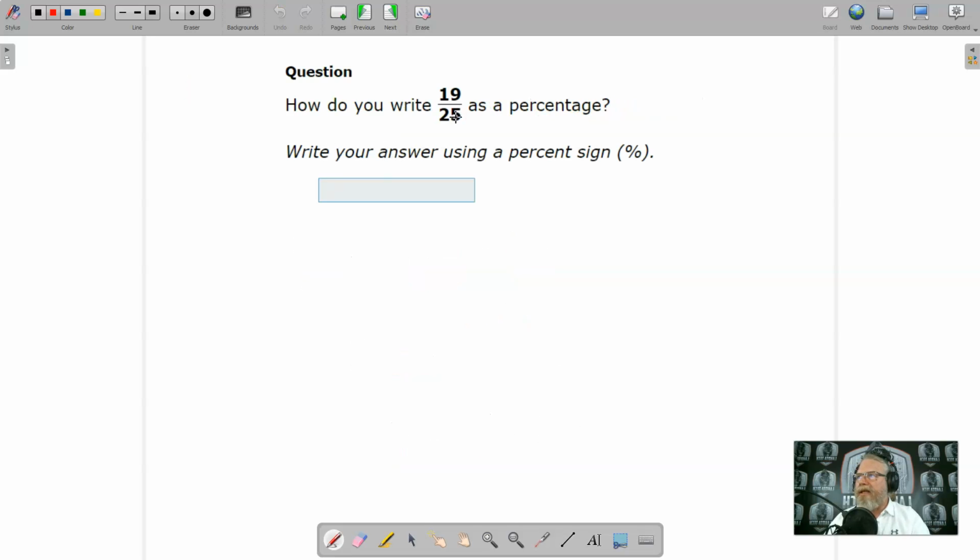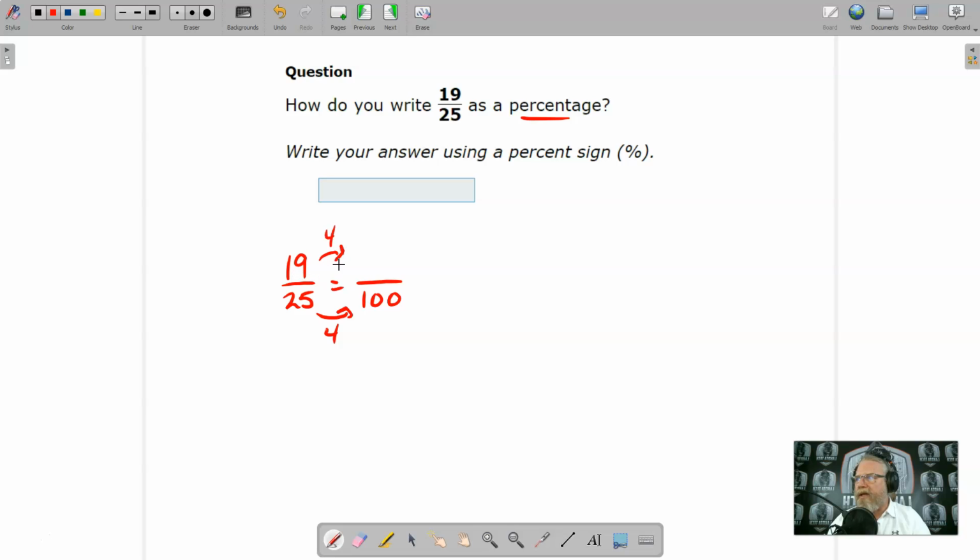How do you write 19/25 as a percentage? So let's go ahead and try the equivalent fraction concept. 19 over 25, and we want an equivalent fraction that has a denominator of 100 because we want parts of 100, which is a percentage. So 25 times 4 to get to 100, so multiply 19 times 4.